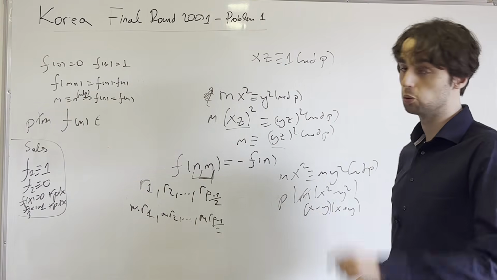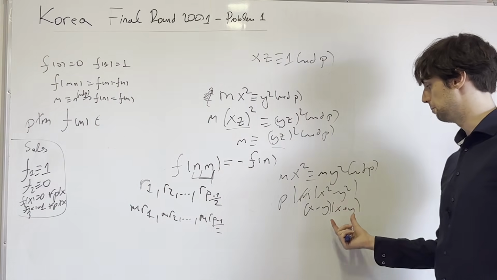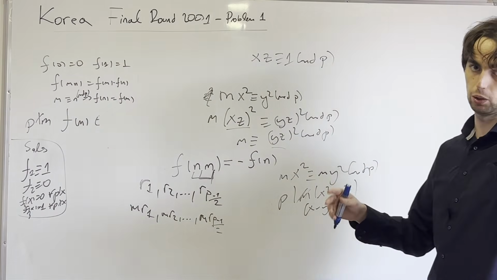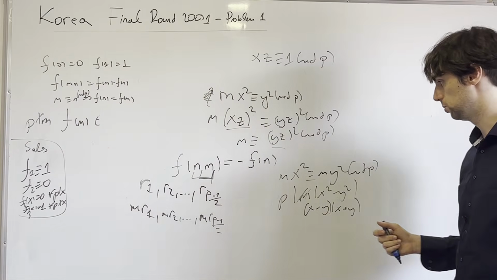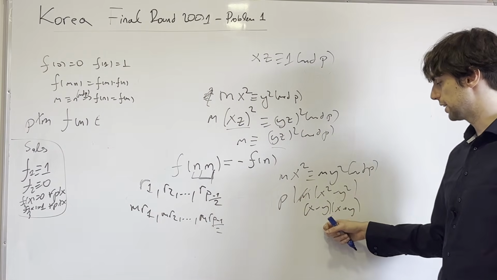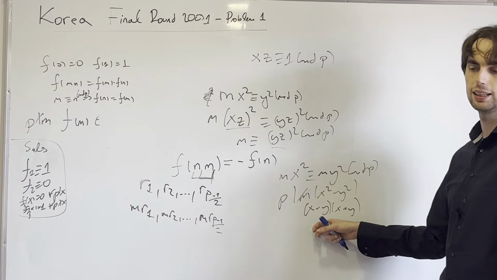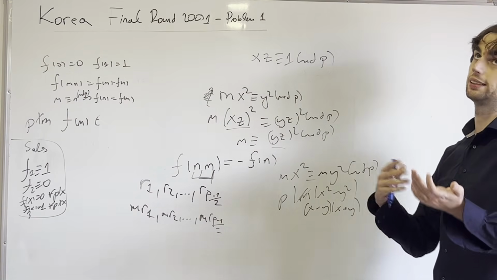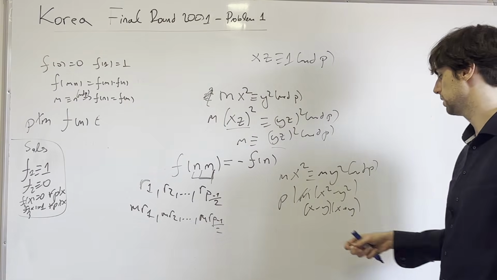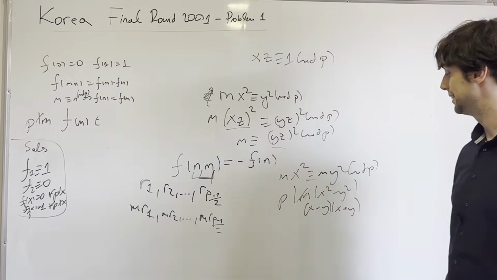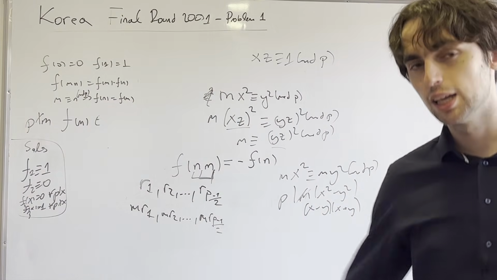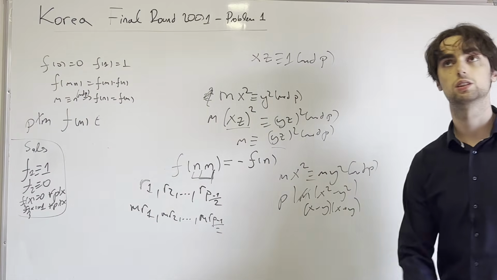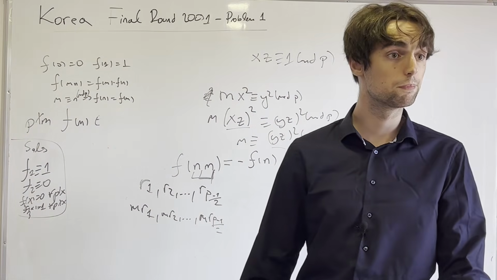Well, x and y are between 1 and (p minus 1)/2. So this x minus y is at least 1, and if x is bigger than y, without loss of generality, this is at least 1. And this x plus y is at most (p minus 1)/2 plus (p minus 1)/2, in other words, p minus 1.